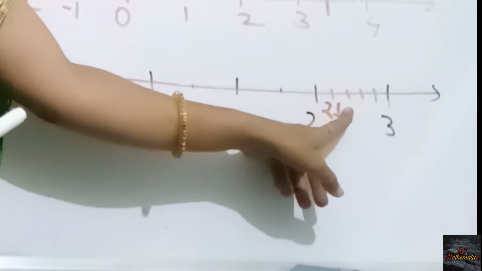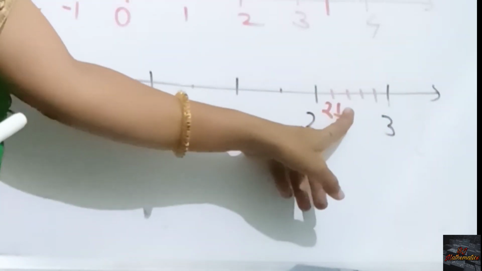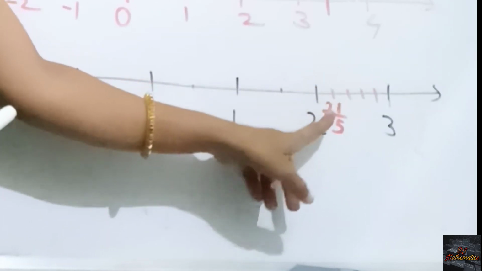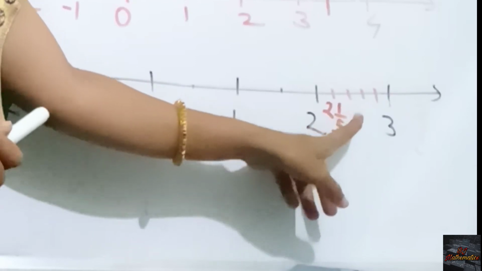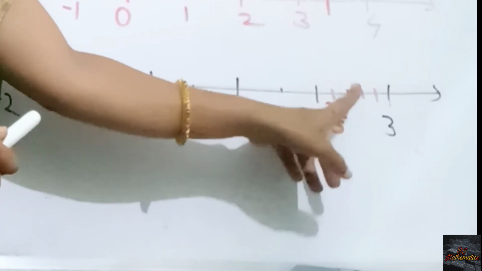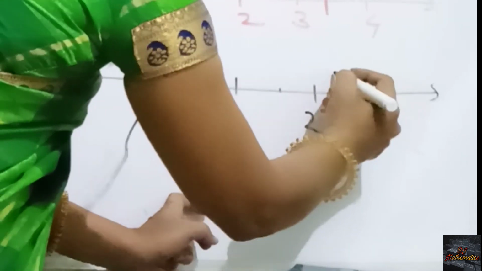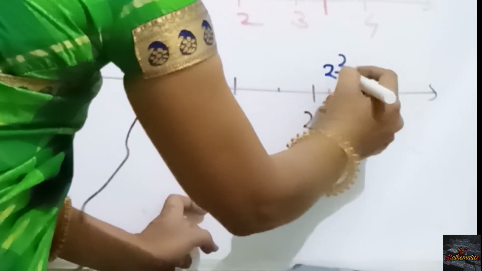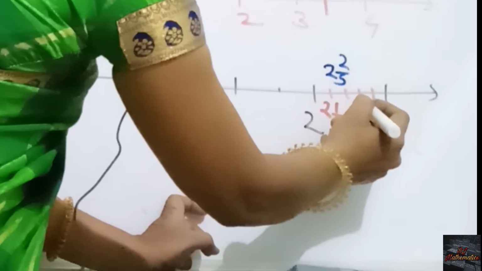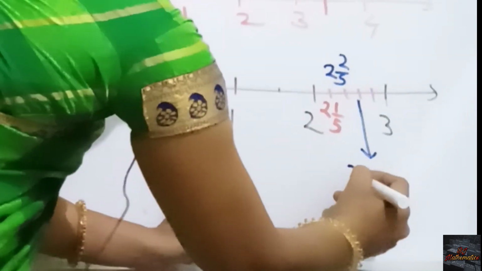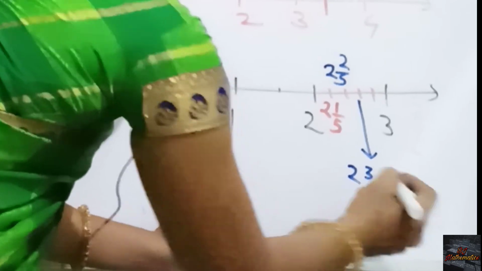And here the numerator is 1. Therefore, the first marking after 2 represents 2 integer 1 by 5. The second marking after 2 will represent 2 integer 2 by 5. The third marking after 2 will represent 2 integer 3 by 5.